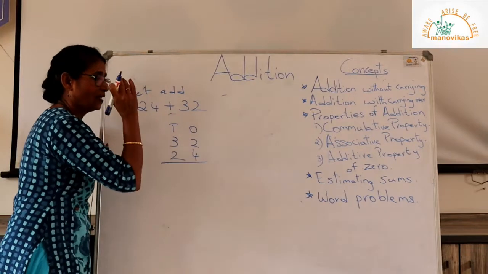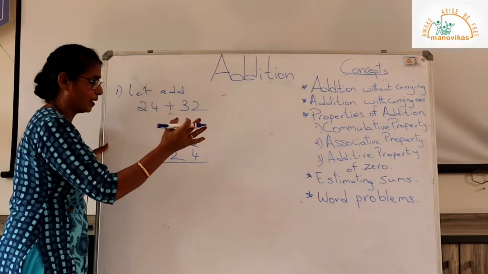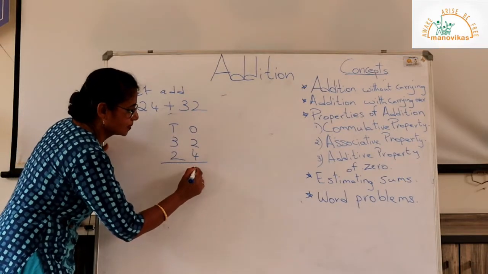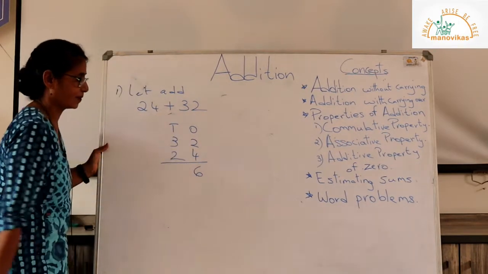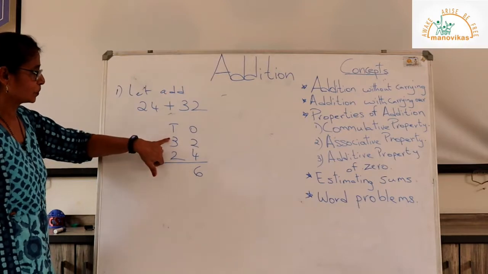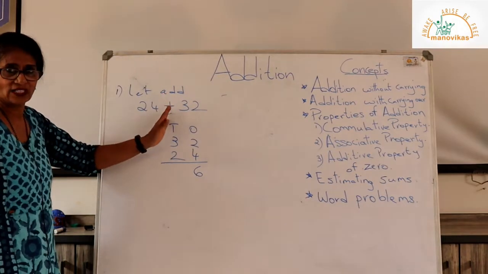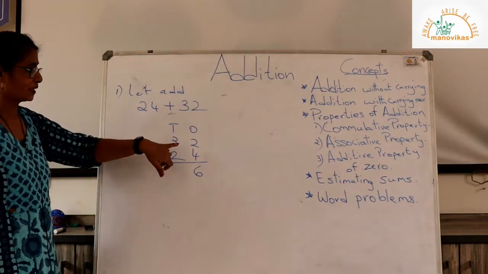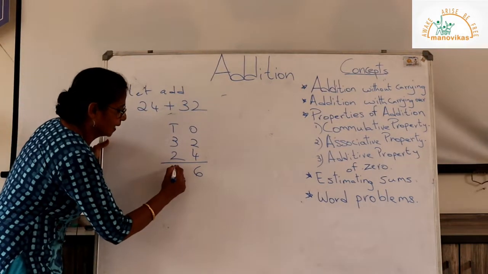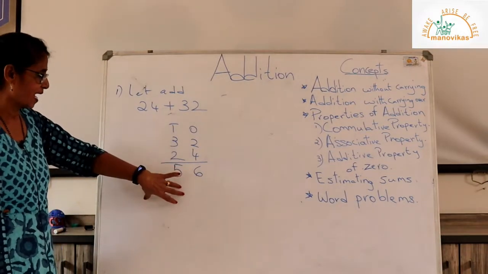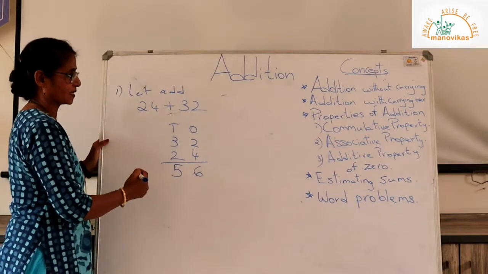Now 4 is in the ones place. So these are 4 ones and 2 ones. 4 ones and 2 ones make 6 ones. 2 tens plus 3 tens, that makes 5 tens. So the answer, or the sum, is 56.